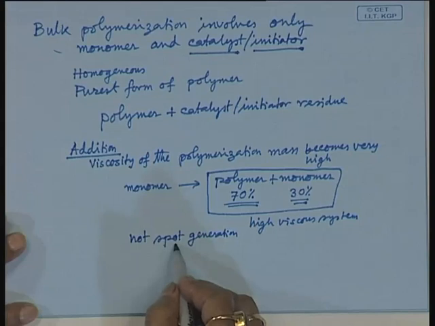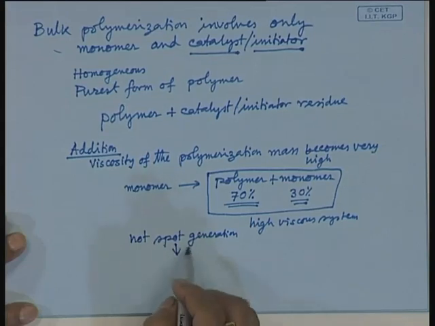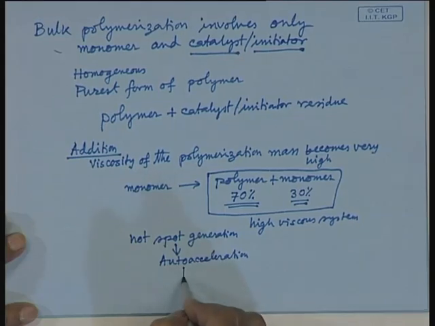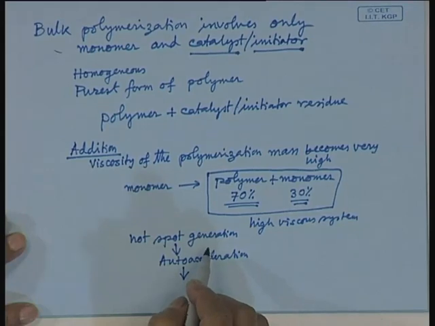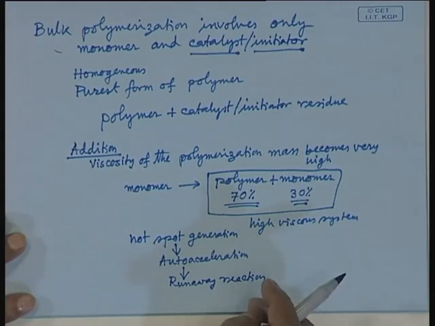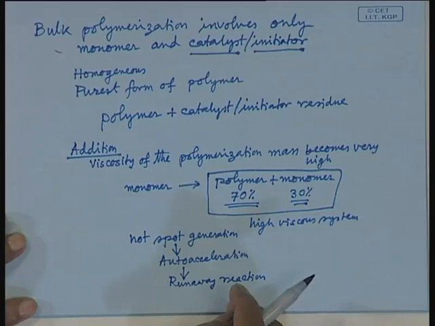And this hot spot leads to auto acceleration, or gel effect, and that can lead to runaway reaction, means it can lead to explosion and many other things. The entire batch will be destroyed.